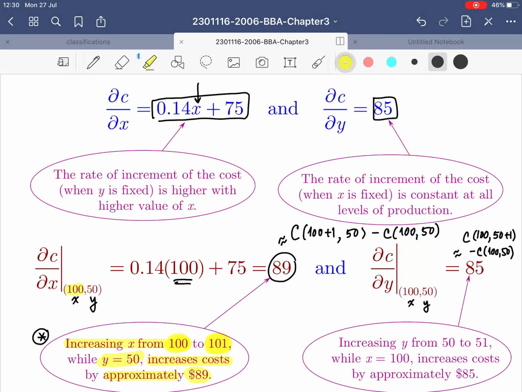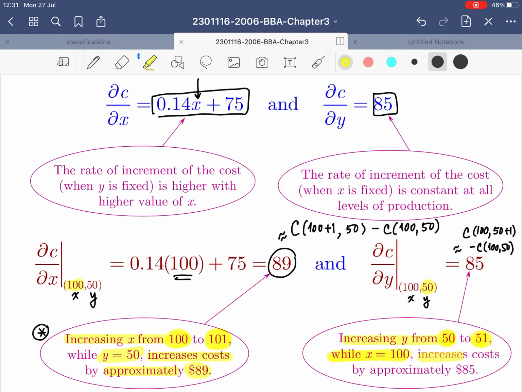So it means that if you increase your y from 50 to 51, and your x is fixed to be 100 always, then the increase of the cost will be approximately $85.